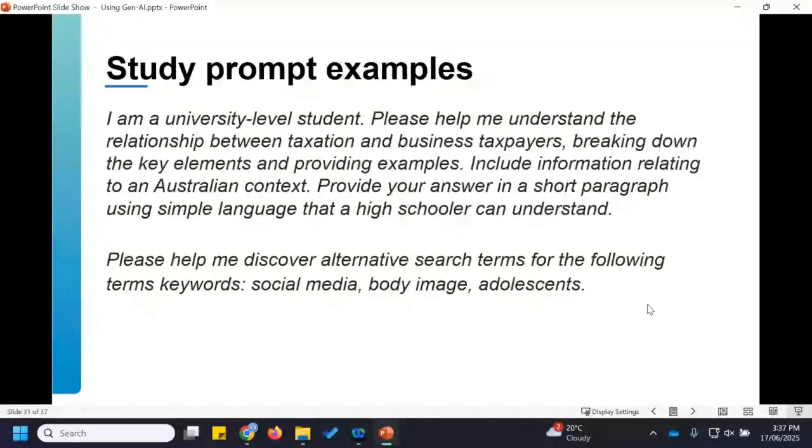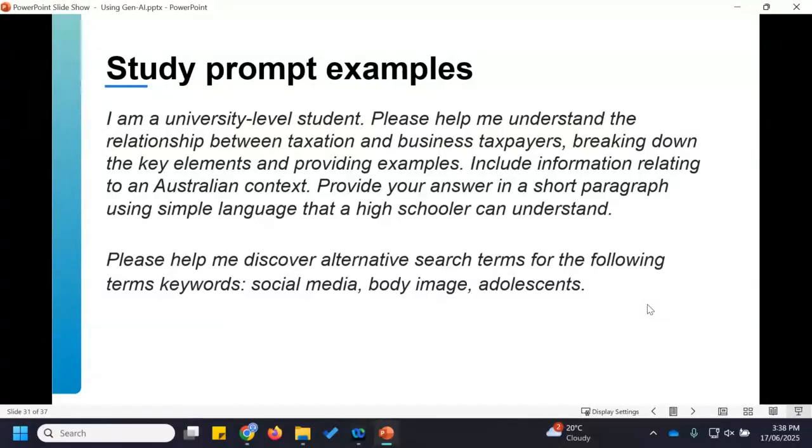So for example, I'm a university level student. Please help me understand the relationship between taxation and business taxpayers, breaking down the key elements and providing examples. Please include information relating to an Australian context. Provide your answer in a short paragraph using simple language that a high schooler can understand.